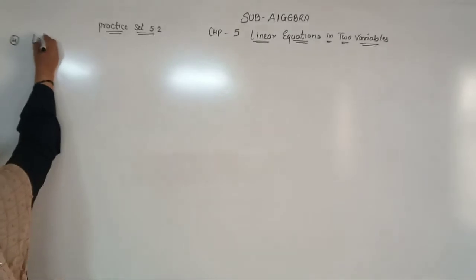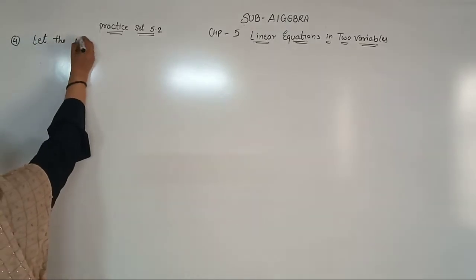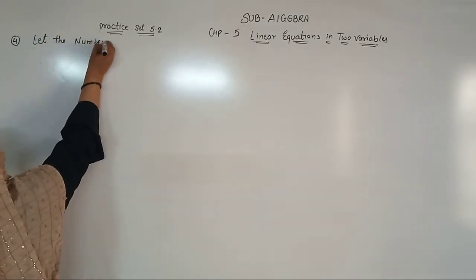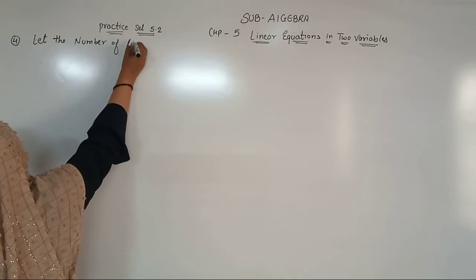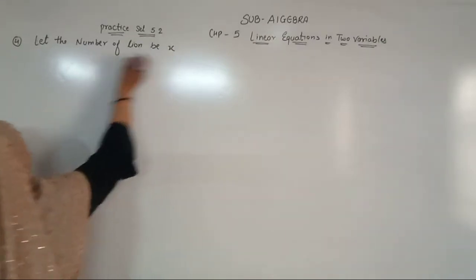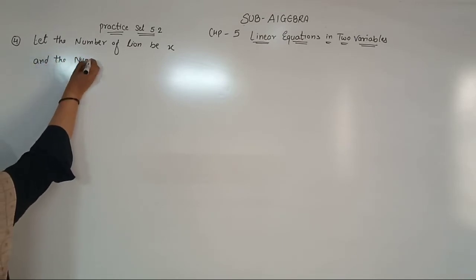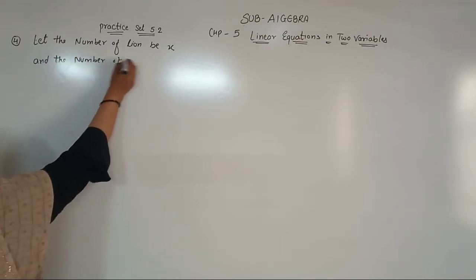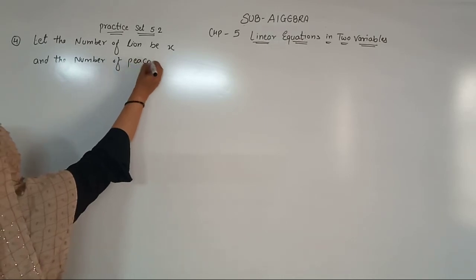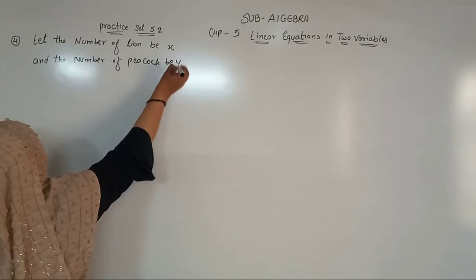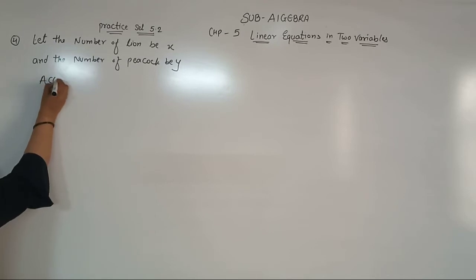Let the number of lions, first lion is there, be X, and the number of peacocks be Y. Now we will take our condition.